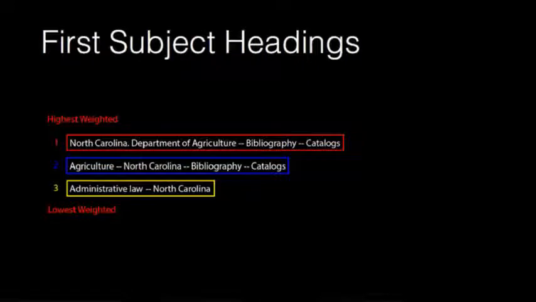The next one we call first subject headings. This follows the idea that in a list of subject headings, the first one is often the most important one in terms of describing an item, and then from there, they descend in importance.